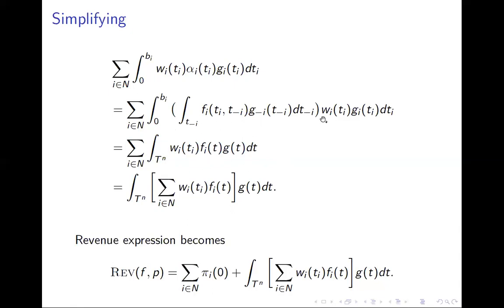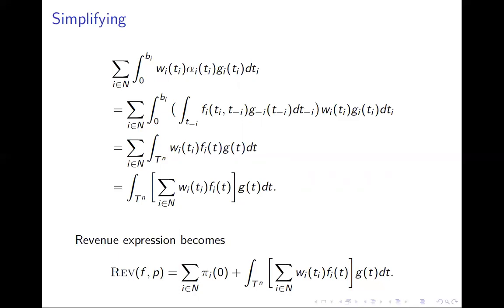So Wi(ti) gi(ti) merges with g minus i of t minus i to get g(t), and this is Fi(t). Basically, taking the summation sign inside and expanding this alpha i(ti), we get this expression by pure shifting of these integrals and summations.